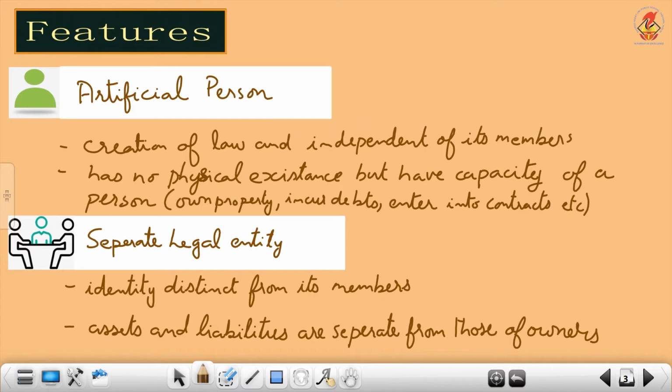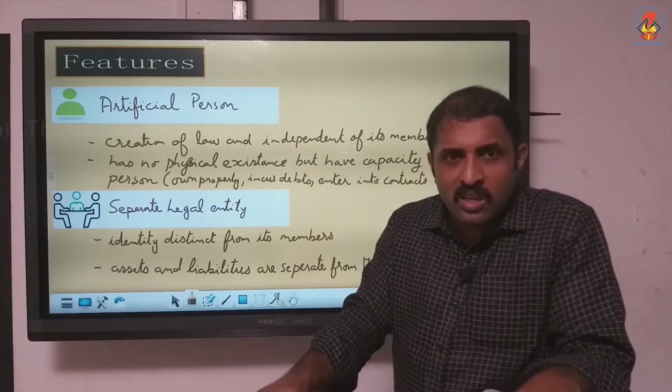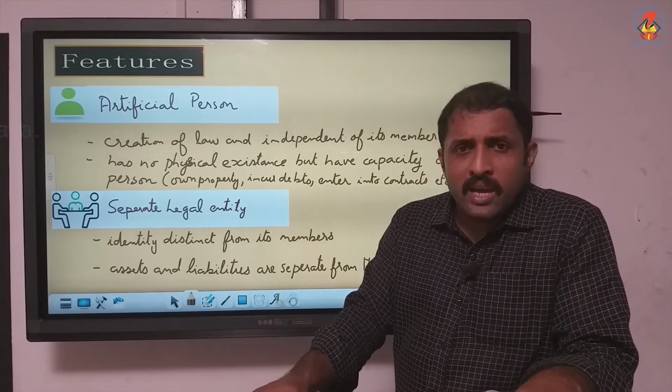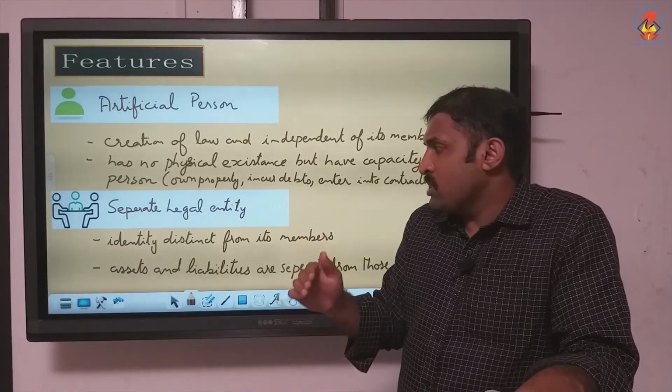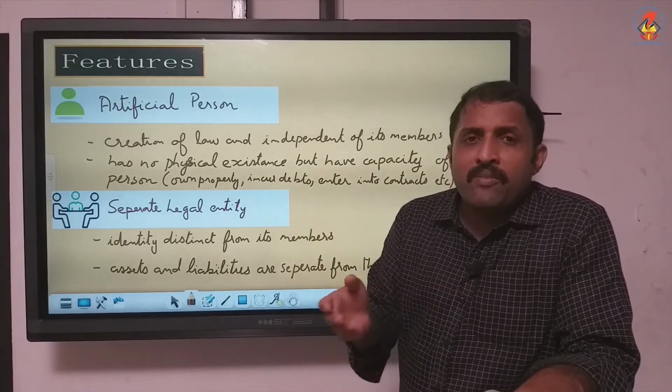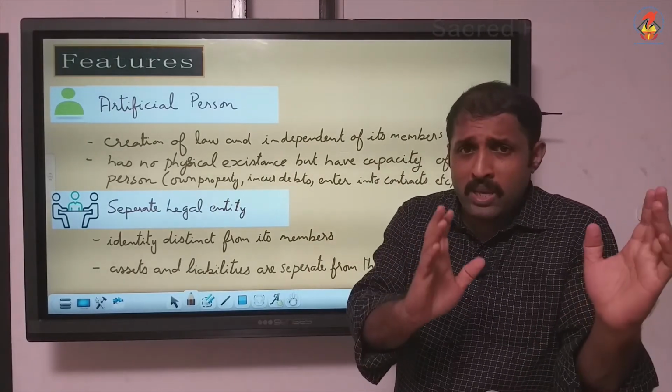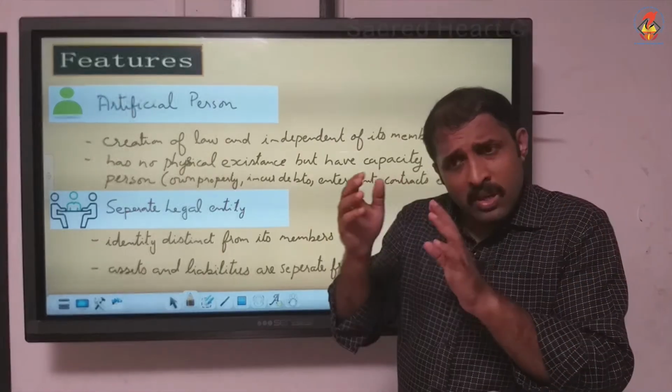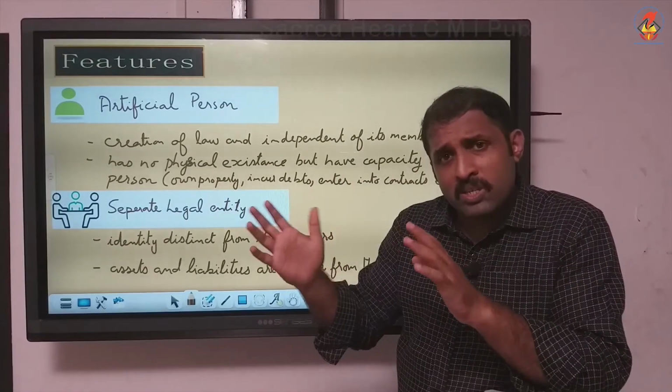The second feature of joint stock company is that it has a separate legal entity. Once the form of business organization gets registered under the Indian Companies Act, automatically it has an identity different from its members. That means the company will be considered different, and the members, the shareholders, will be considered different.